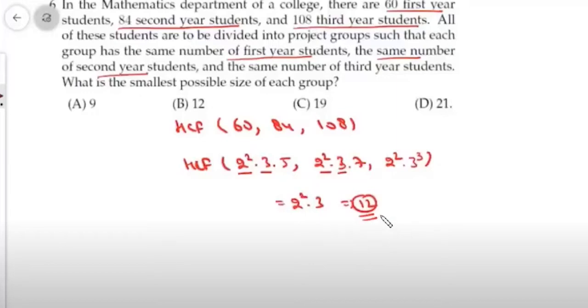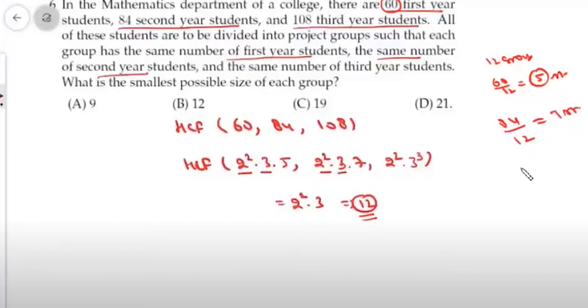And once all these numbers are divisible by 12, it simply means we can divide all these students into 12 groups, each group containing 60 by 12, that is 5 first year students. In the same way, for second year students, we have altogether 84 students, and if we divide them in 12 groups, it will be 7 students in each group.